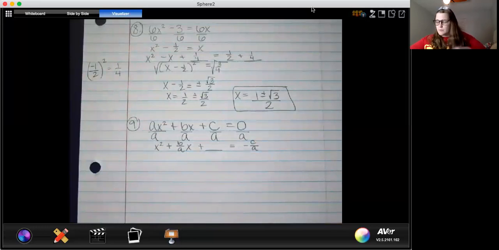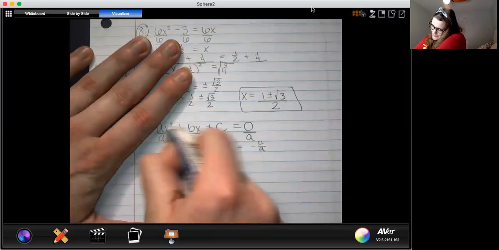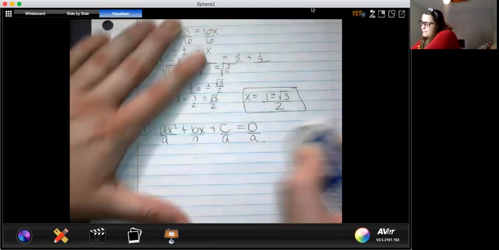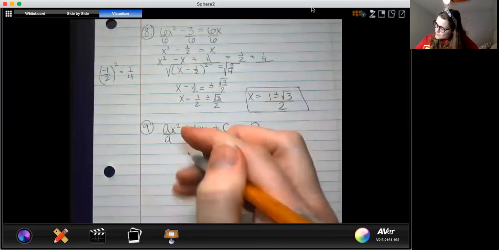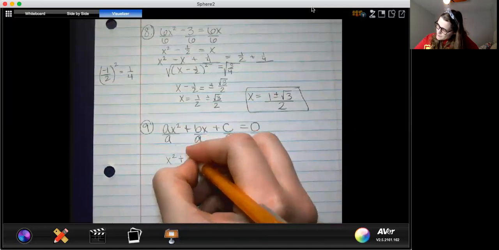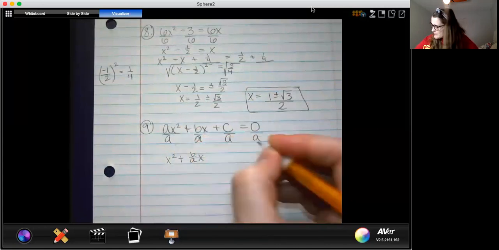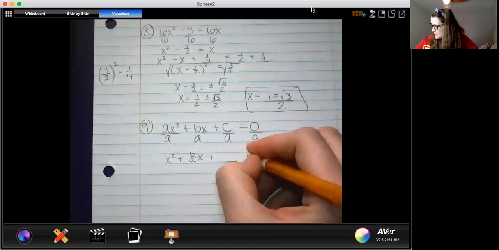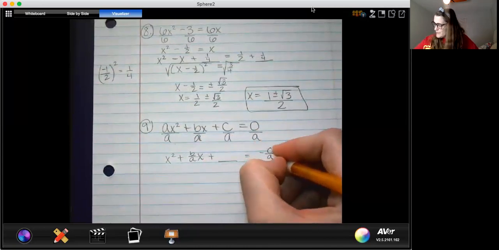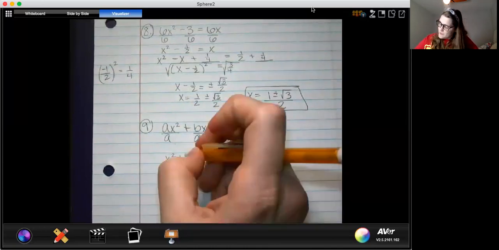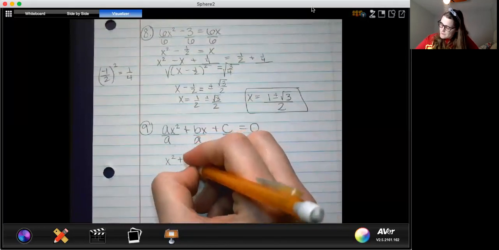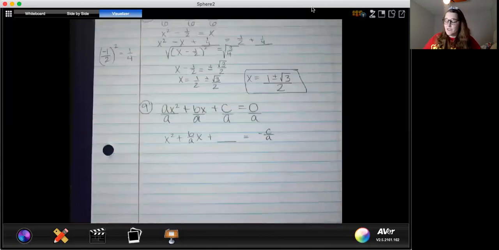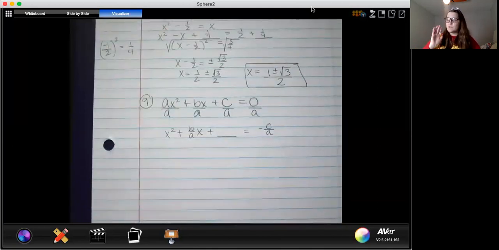I probably should have just skipped a line because we're going to have fractions up in here. So let's try that again. x squared plus b divided by a x plus blank equals negative c divided by a. Now, please make sure you keep the difference between b divided by a and x, okay? x is our variable in this scenario. b and a are variables, but they're referencing numbers.